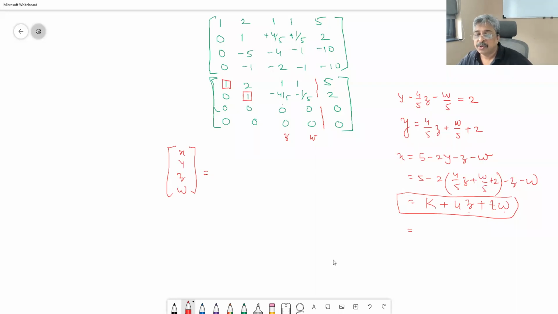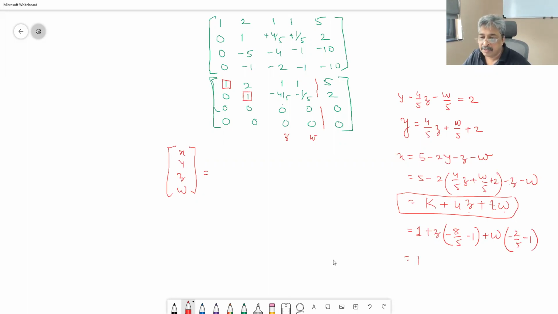Is equal to, constant term is minus 4 plus 5 is 1. Z is plus z. Coefficient of z is minus 8 by 5 minus 1. And coefficient of w is minus 2 by 5 minus 1.